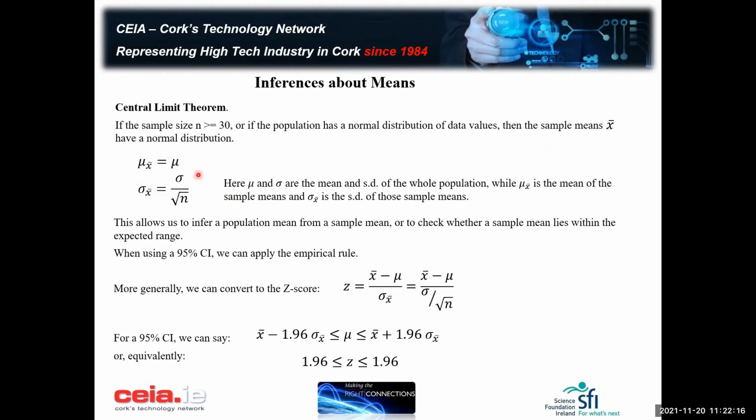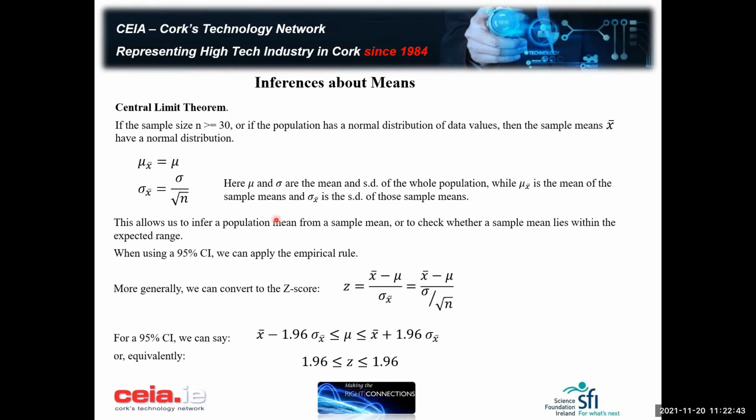But critically, the central limit theorem tells you that the average of these sample means is the same as the population average, and the standard deviation of the sample means is the population standard deviation of the parameter you're measuring divided by the square root of n.